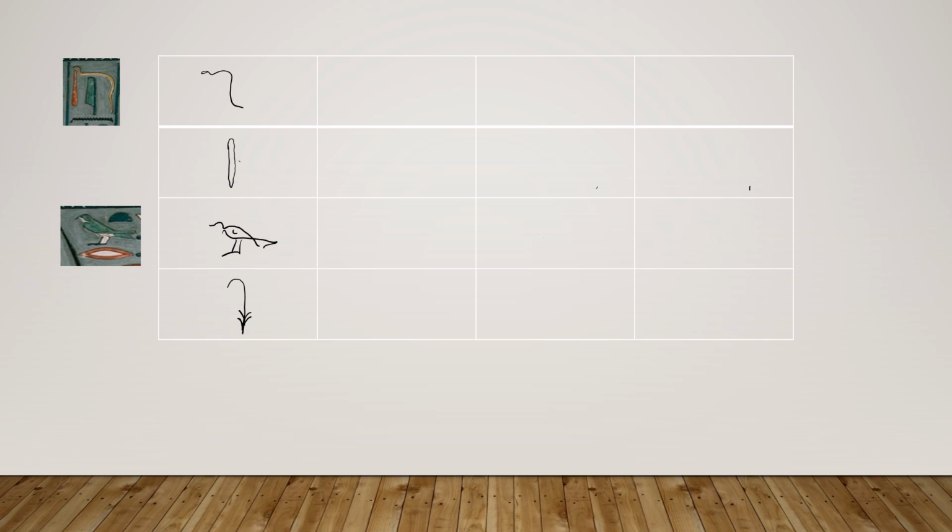In this case, the T in the actual image tells me that we're talking about a female. The translation for that particular bird is great. And then we have the sedge plant, which is a plant that grows in the south and is transliterated with the letters SWT.